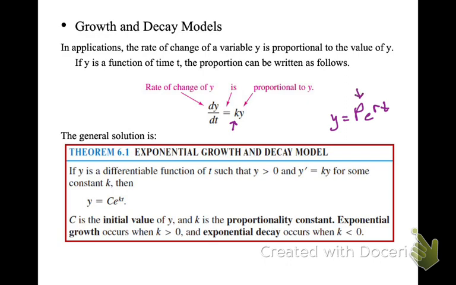So that means c is your initial value, e is e, r was rate, but now we have it as a k. Does it change what it is? No. They say k is the proportionality constant. Well, that's still a rate, isn't it? A proportion is a rate, and time is time.